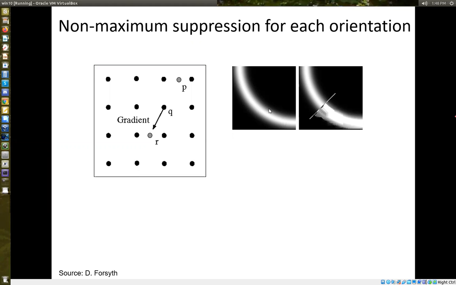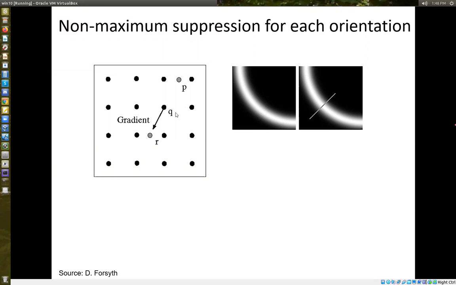There should be a transition, and the magnitude of the DOG response there should get larger and go to the peak exactly at the edge. So we should remove any point that is not supposed to be the maximum.